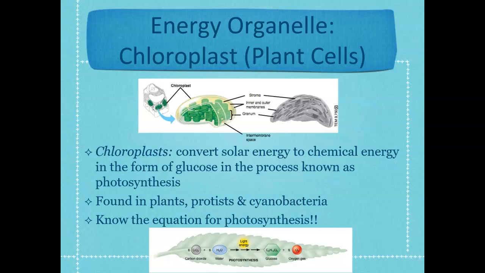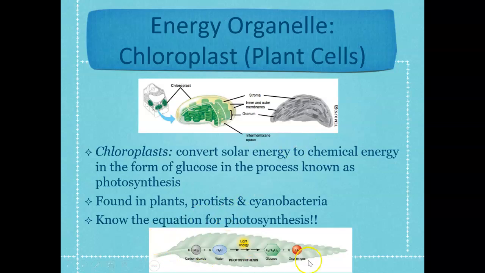So the major energy organelle for autotrophs really starts off with these chloroplasts. These are plant only, these are autotroph only. Those chloroplasts' job is to be where photosynthesis takes place. This is where we convert energy from the sun, that's solar energy, to chemical energy, aka ATP, and form ultimately glucose in the process.